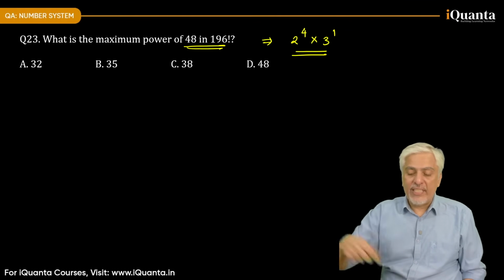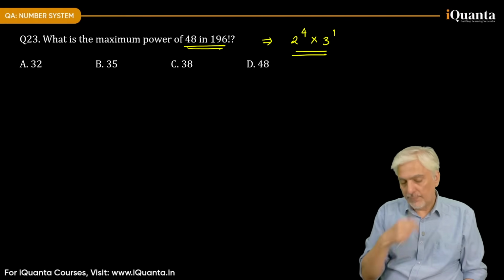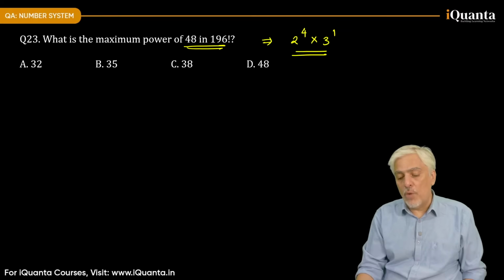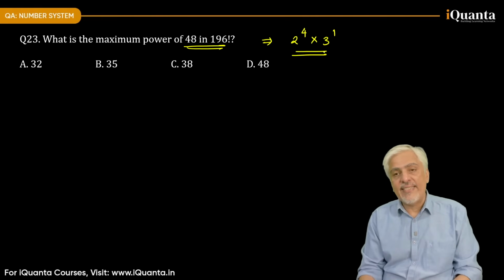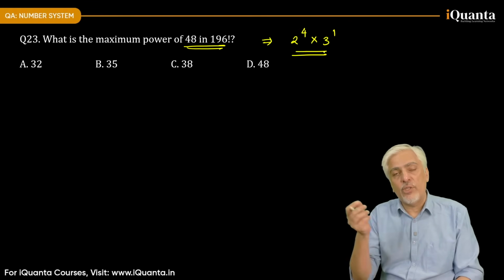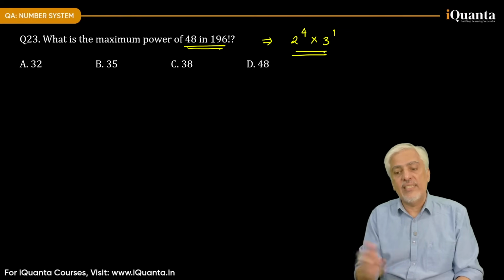If I give you till 184, what will it work? So we need to check how many 2s, how many 3s in 196 factorial. Digital sum means you just have to keep doing till you get a single digit. Just keep solving till you get a single digit. That's digital sum.